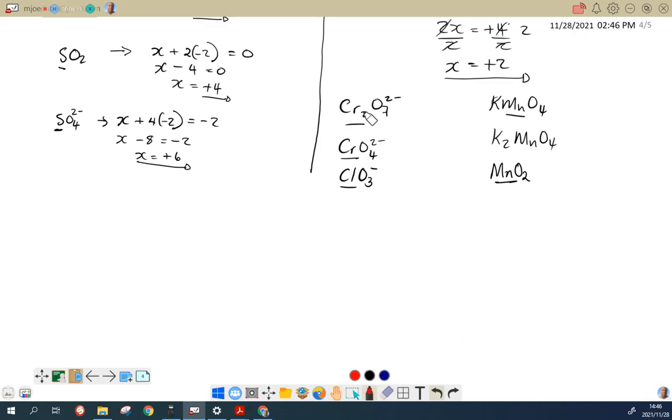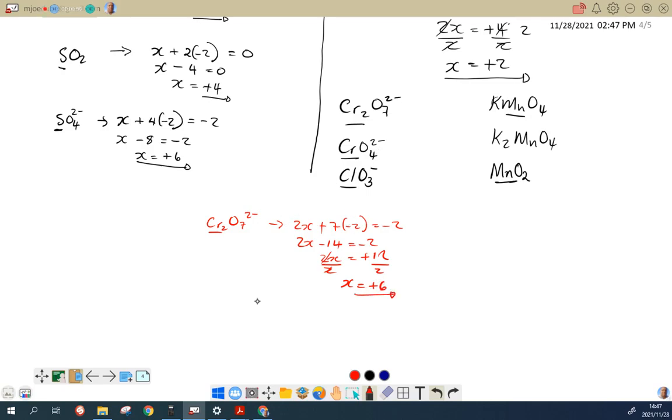So for the dichromate, your chromium, it's going to be 2x minus 7 times minus 2 is equal to minus 2, so it's going to be 2x minus 14 is equal to minus 2, transpose it becomes plus 14, so it's plus 12, so 2x is equal to plus 12, divide both sides by 2, and therefore your x is going to be equal to plus 6.